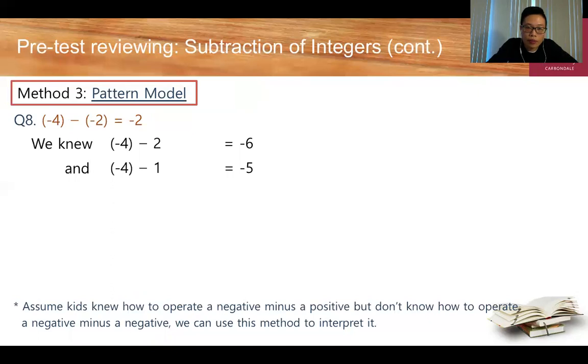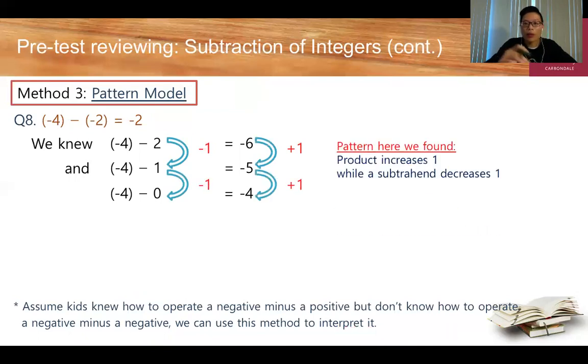And -4 minus 1 is -5. -4 minus 0 is -4. So we found a pattern here. Whenever the subtrahend decreases 1, the product increases 1.